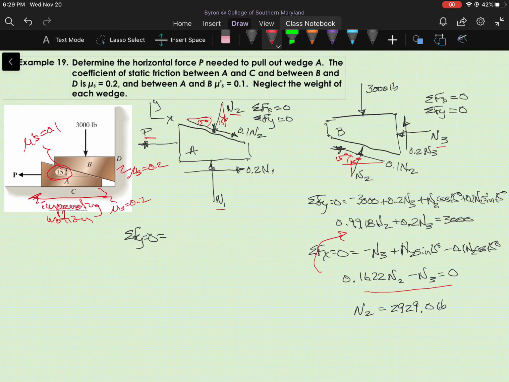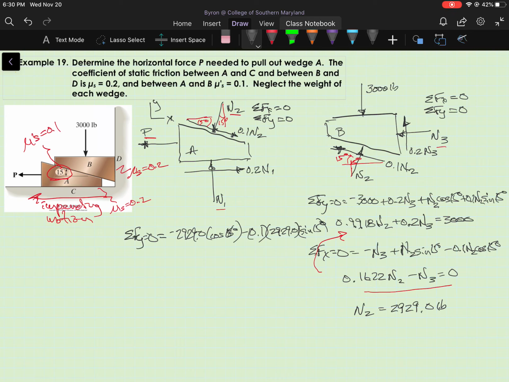Okay, so sum of the forces in the y direction equals negative n sub 2, which is negative 2929.0 times the cosine of 15 degrees, minus 0.1 times n sub 2, which is 2929.0 times sine 15 degrees, and plus n1.